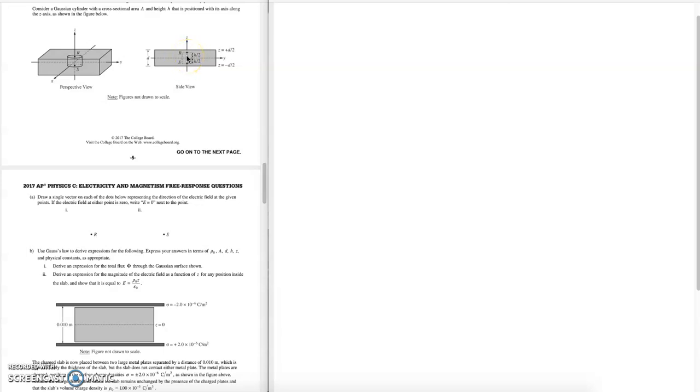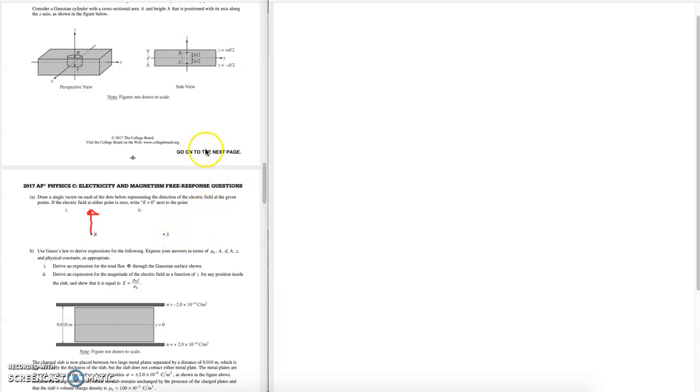So the electric field at that point is going to point up. And this should be straight up, not on an angle, because since we're in the middle here, all the lefts and the rights are going to cancel each other out. So this guy should go straight up.